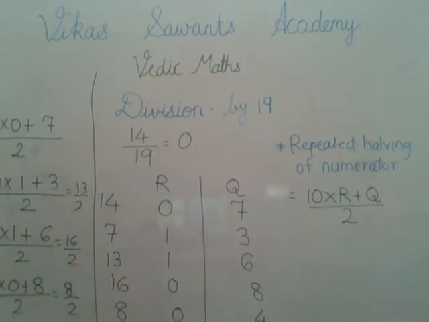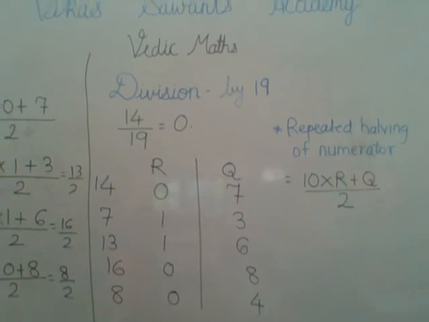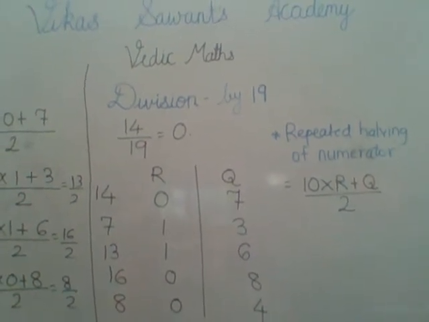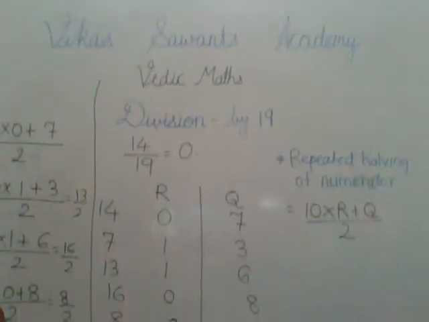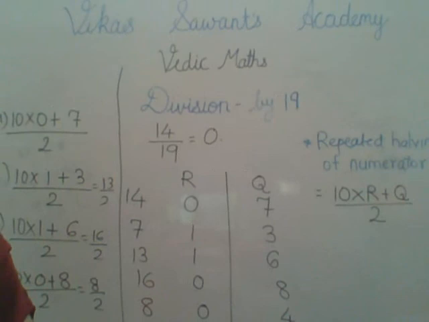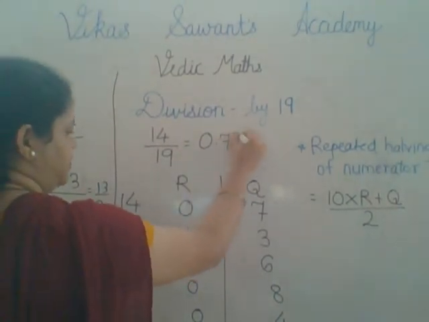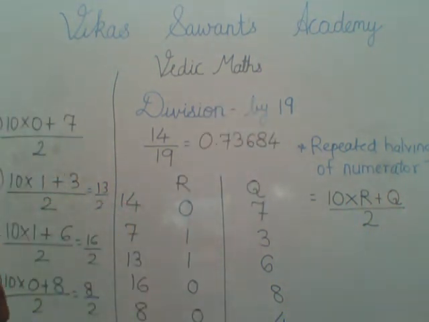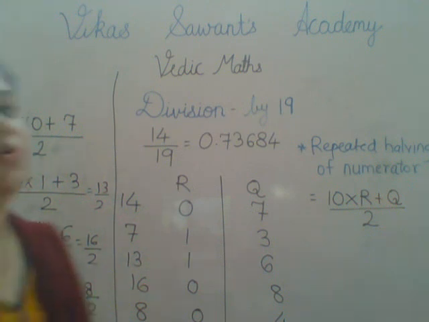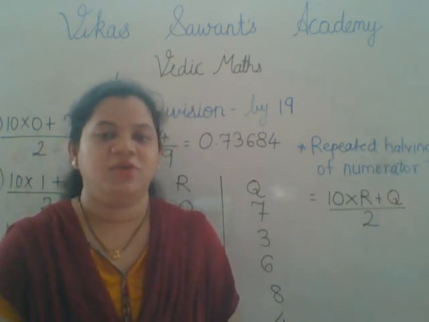This way, if you want more digits after the decimal point, you can calculate them. So our final answer for now is 0.73684.